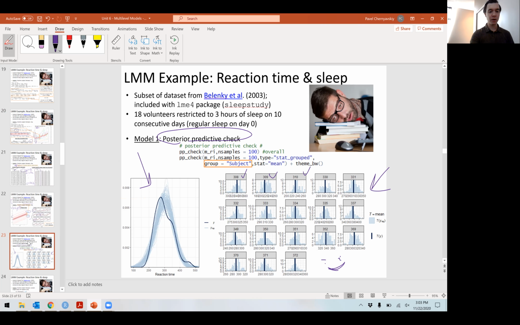This is a bit off, so maybe a little poor fit. The overall mean is here. It doesn't quite capture the peak of our observed data, but it's not terrible either, given that there's only one slope in here and a few intercepts.